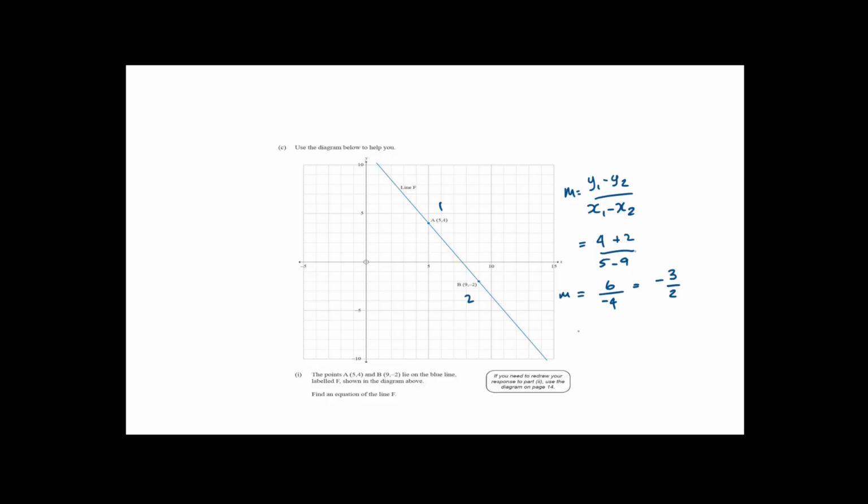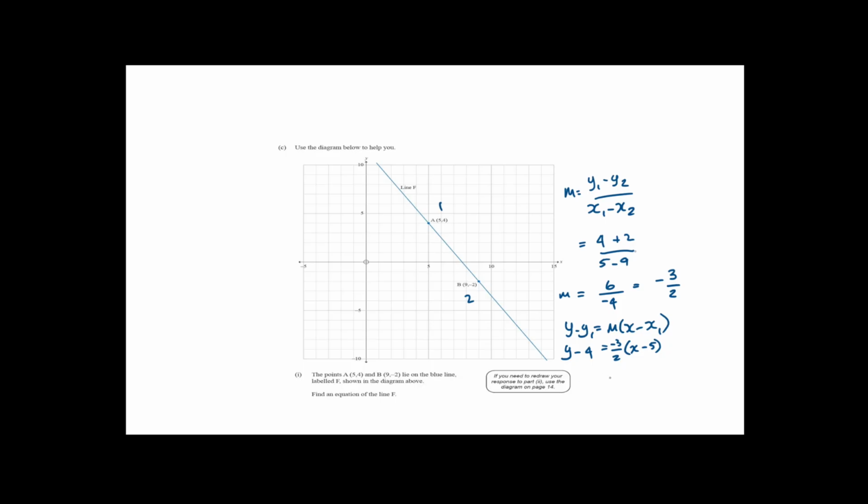And now y minus y1 equals m times (x minus x1). So y minus 4 equals -3 over 2 times (x minus -5).